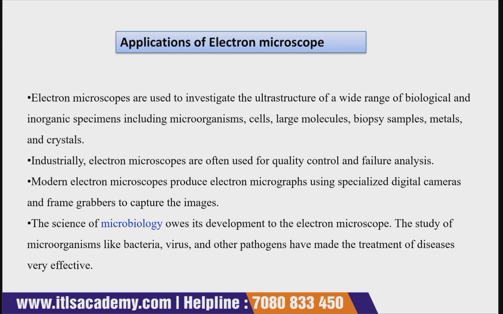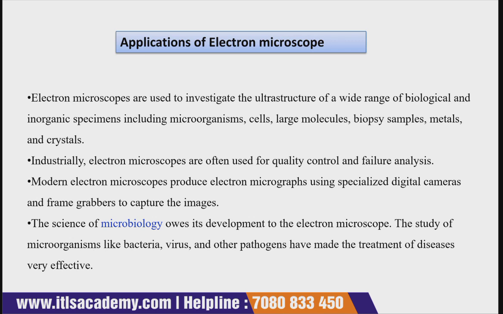Sometimes when you have to examine biopsy samples, this type of electron microscope is used. Industrially, electron microscopes are often used for quality control and failure analysis. Modern electron microscopes produce electron micrographs using very specialized digital cameras and frame grabbers to capture the image.